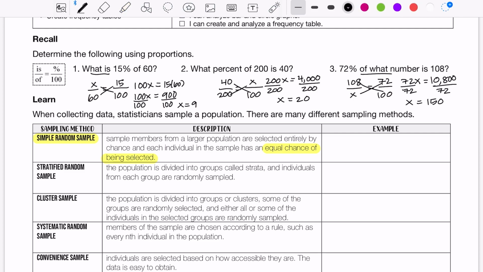This is very similar to throwing everybody's name in a hat and then drawing the number that you need from the hat. So this is one of the only truly random samples that we have, like completely random. So an example of this would be that you survey randomly selected students at Steel Canyon.